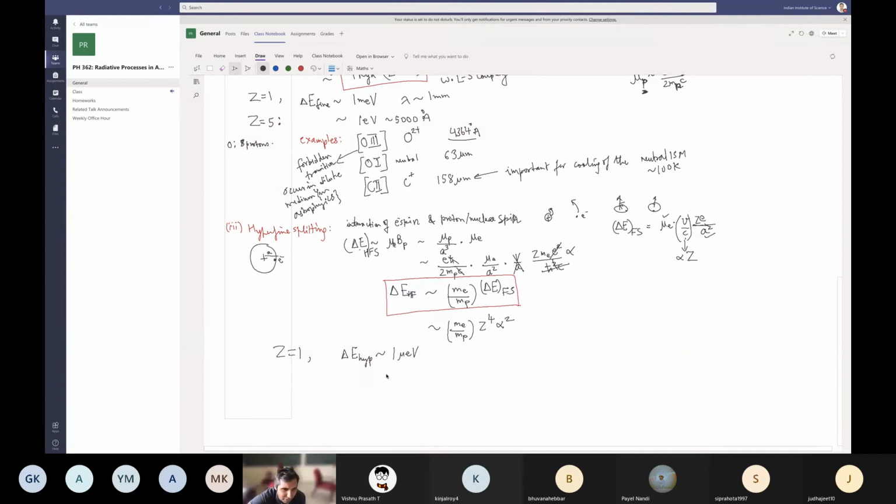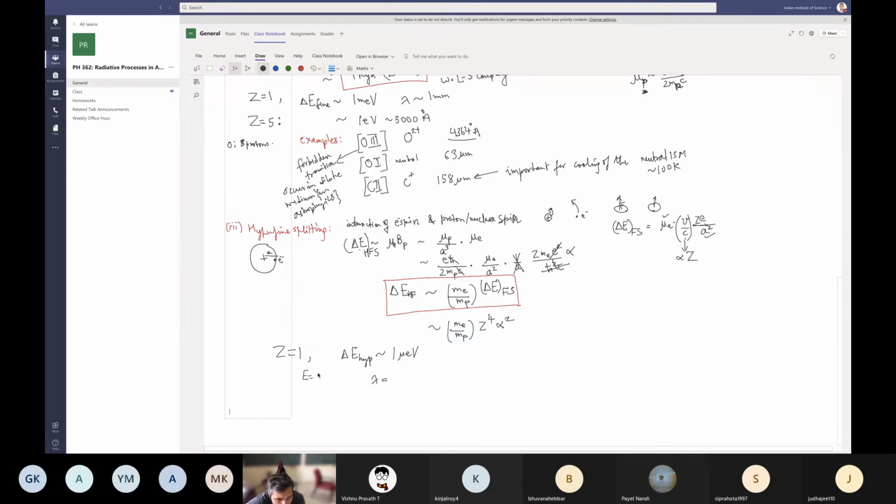And if you convert it into lambda, we can easily convert energy into wavelength, right?